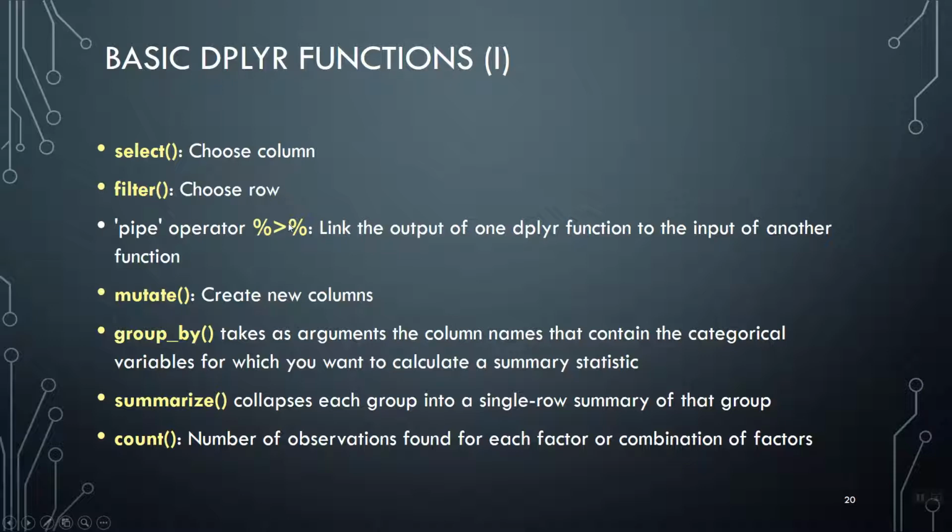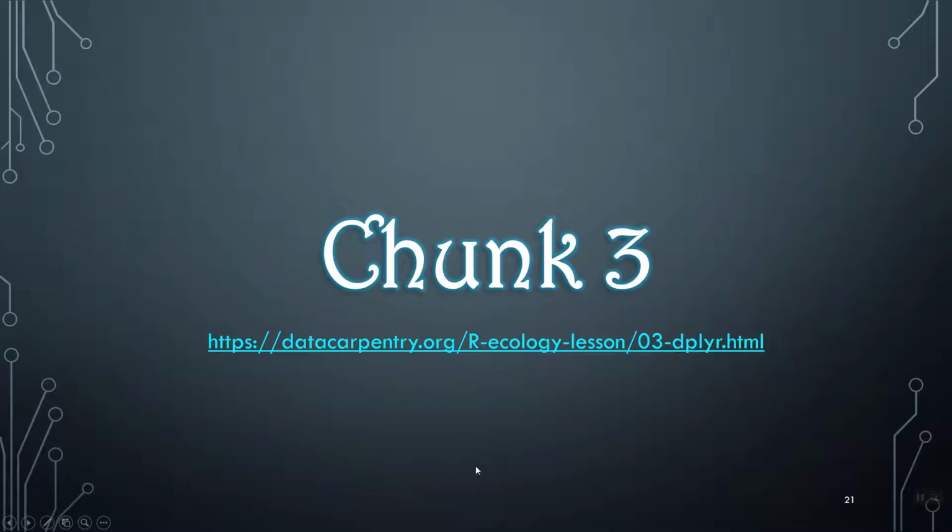It's going to help us link different functions together. For example, choose a column and then choose a specific row only from that column. We're going to have mutate to create new columns inside our data frame. We're going to have group by and summarize, and count actually, to create frequency tables. So let's go to chunk 3.